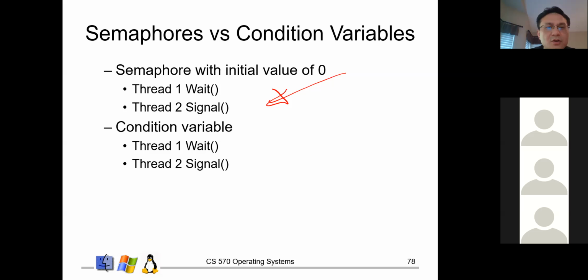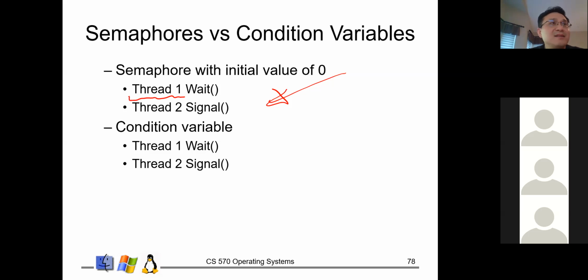Let's say we have a semaphore with initial value of 0, and then you call wait on this semaphore. What's going to happen when thread 1 calls wait on this semaphore? Come on, anybody?